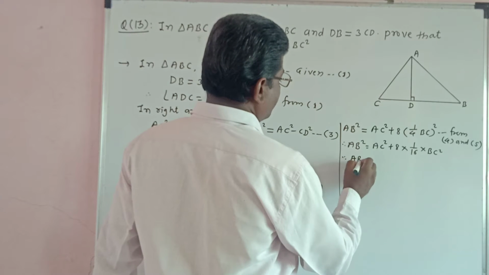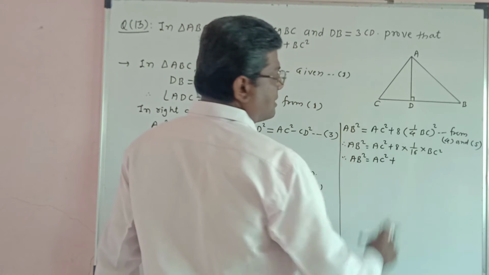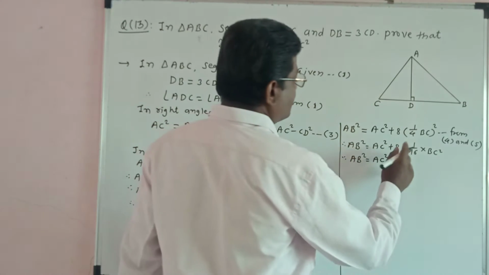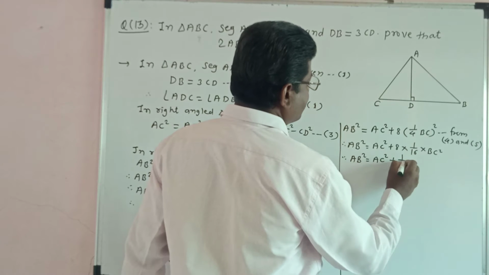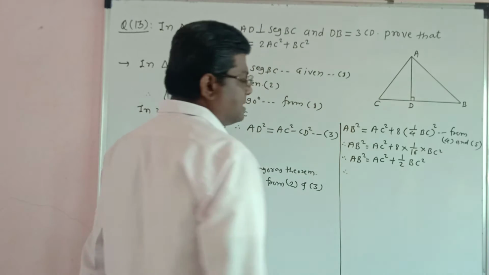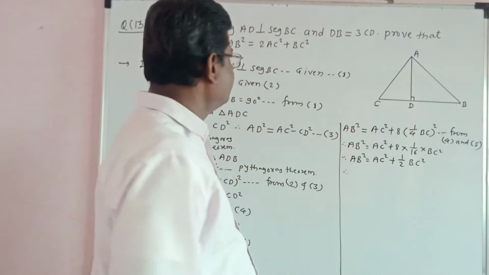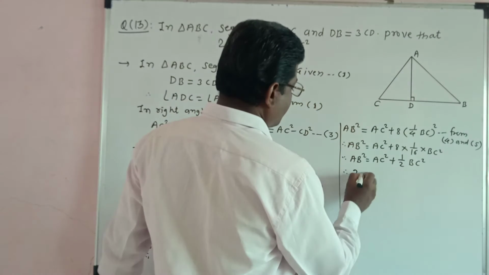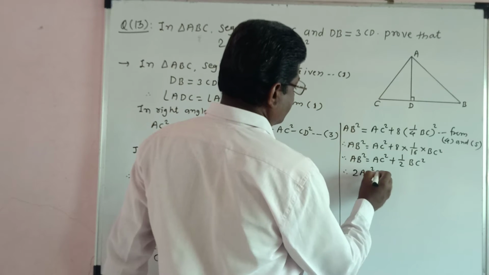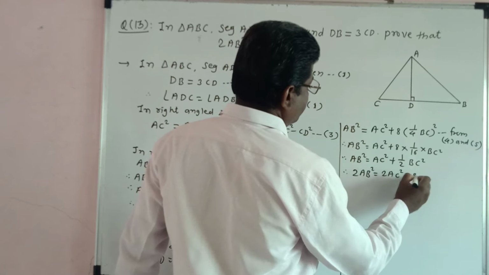Therefore AB square is equal to AC square plus 8 into 1/16, that is 1/2 BC square. Multiply both sides of this equation by 2.